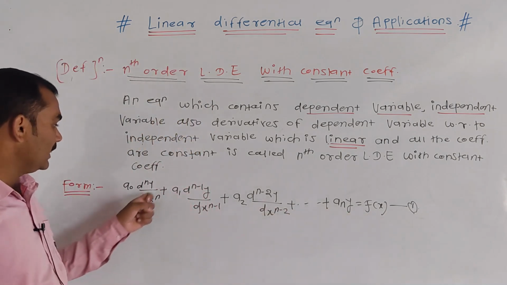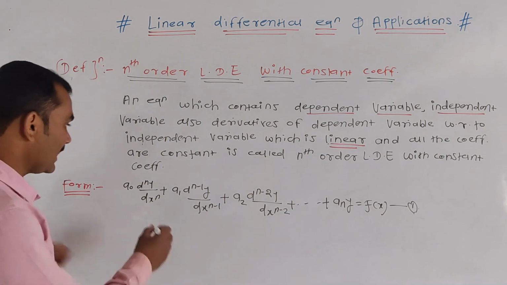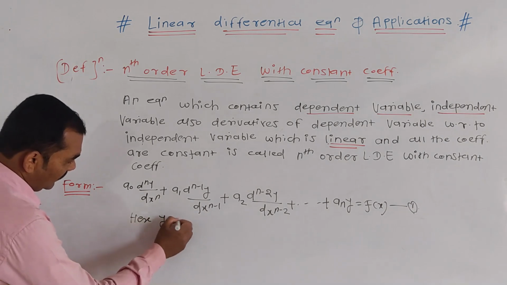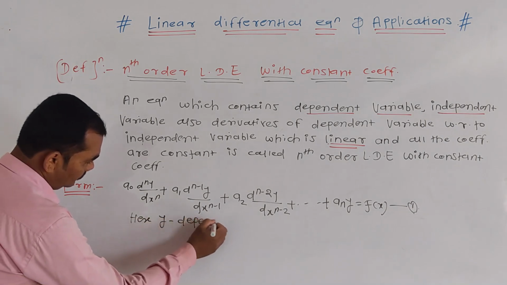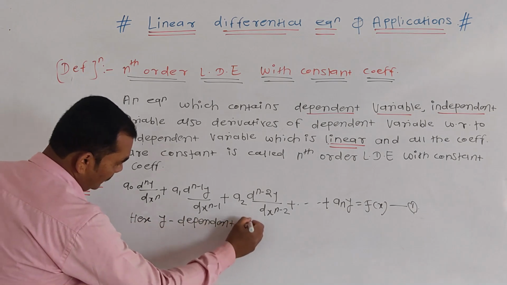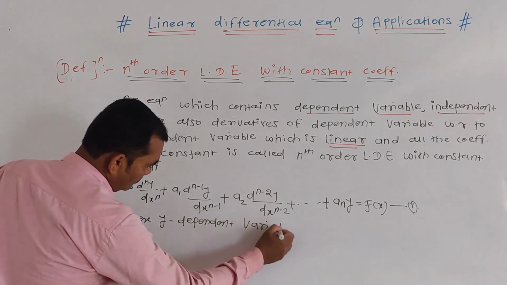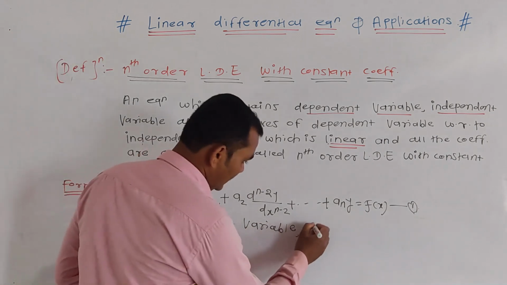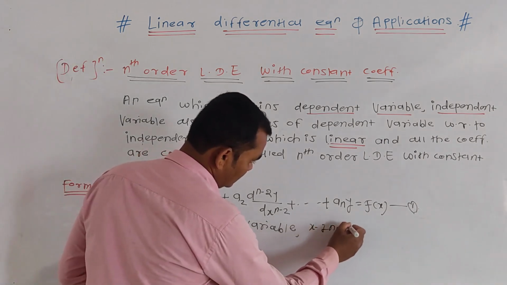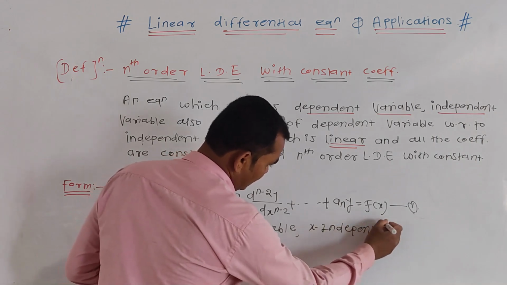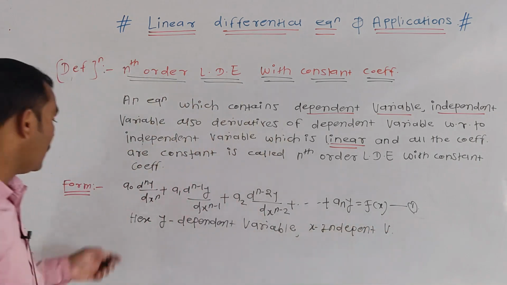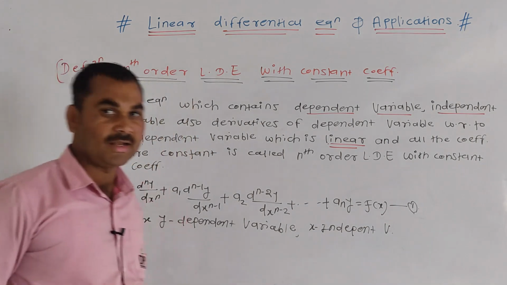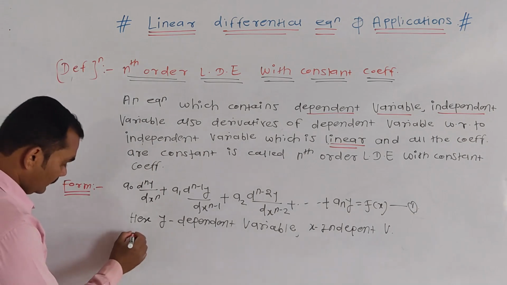Here y is the dependent variable and x is the independent variable, and all the coefficients, here the coefficients are a0, a1, a2, ..., an, are constant.